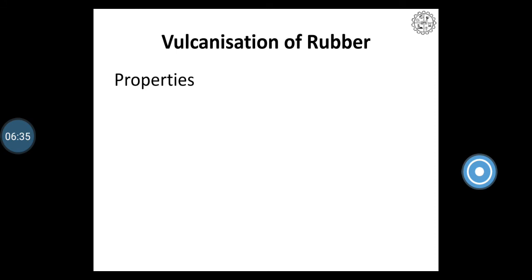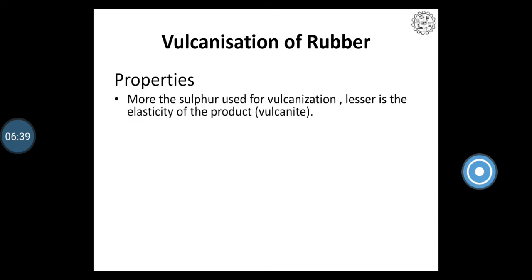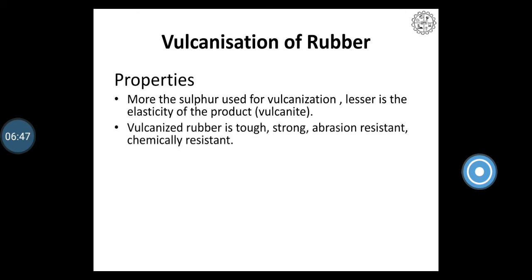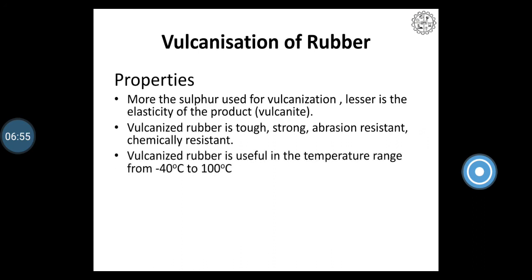What are the properties of vulcanized rubber? The more sulfur used for vulcanization, the lesser is the elasticity of the product. Vulcanized rubber is tough, strong, abrasion resistant, and chemical resistant. Vulcanized rubber is useful in a temperature range from minus 40 degrees Celsius to 100 degrees Celsius.